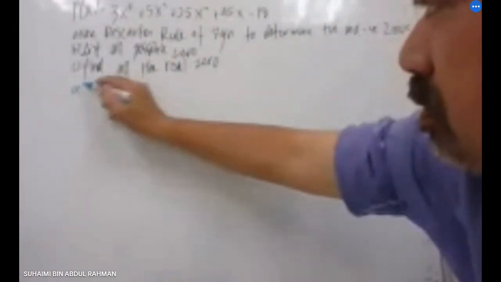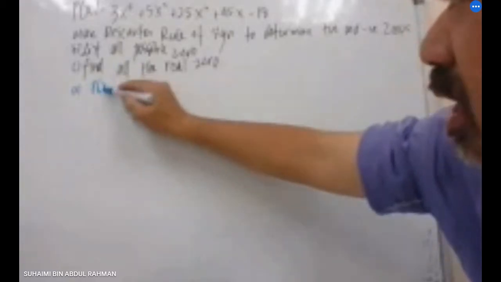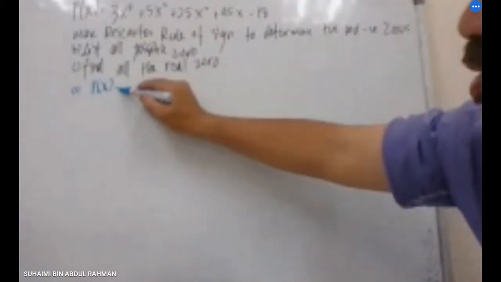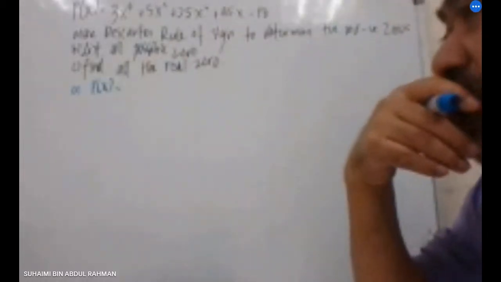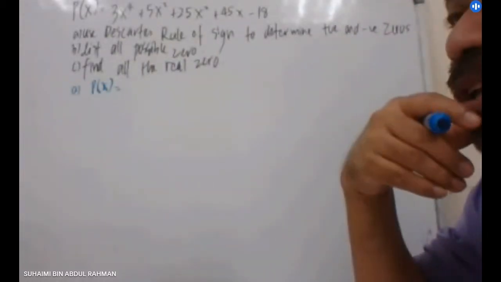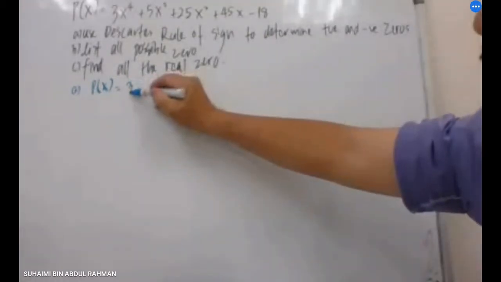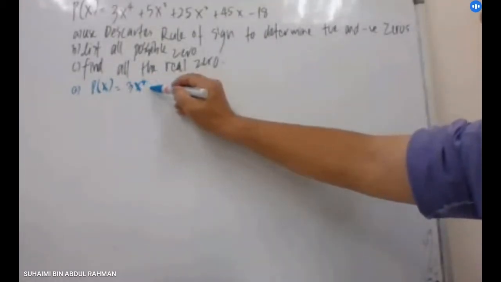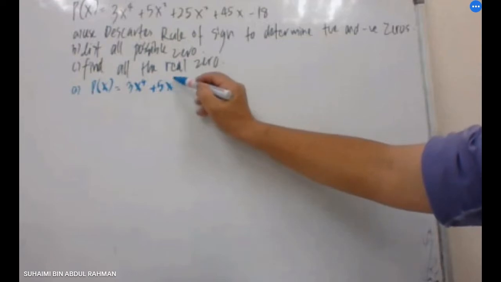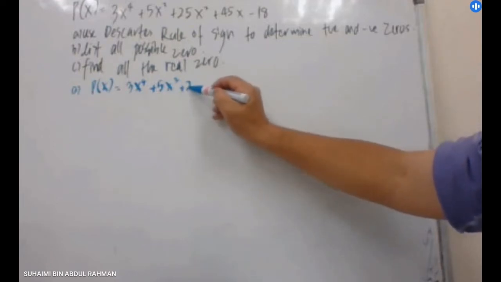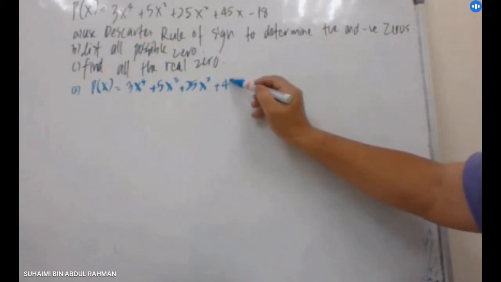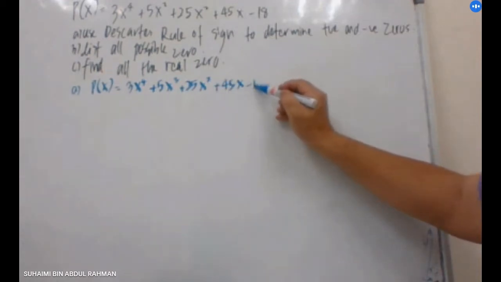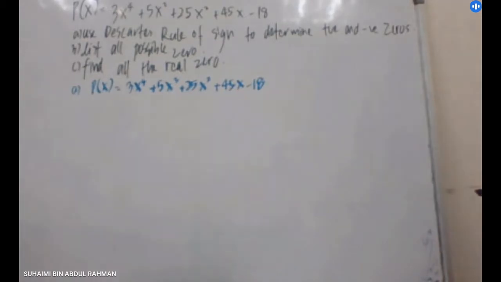Make x positive, in order to find the number of positive real zeros: 3x to the power of 4, 5x to the power of 3, 25x squared plus 45x minus 18.